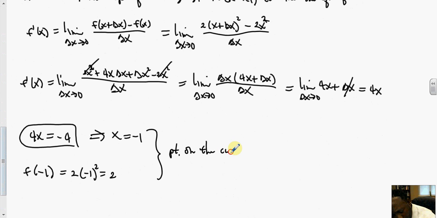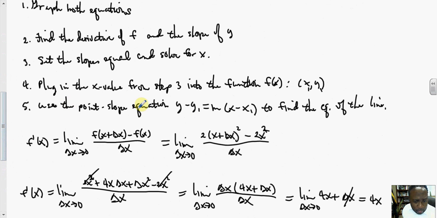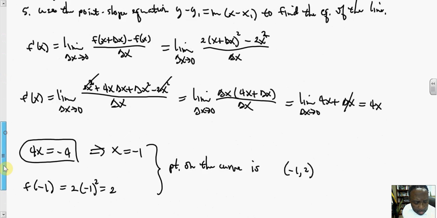So the point on the curve f is -1, 2. Now we use the point slope form to find the equation of the line.